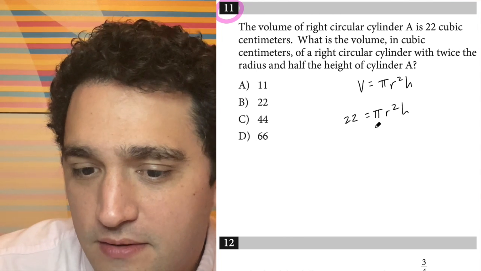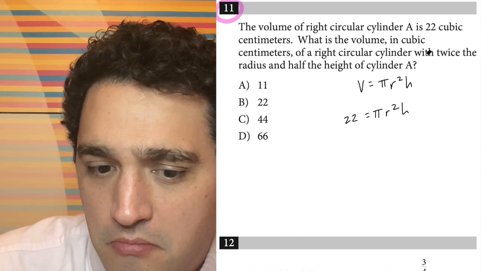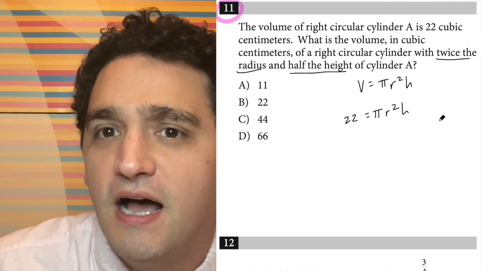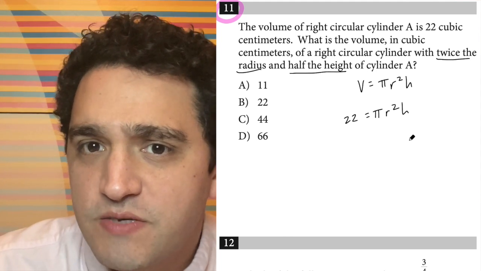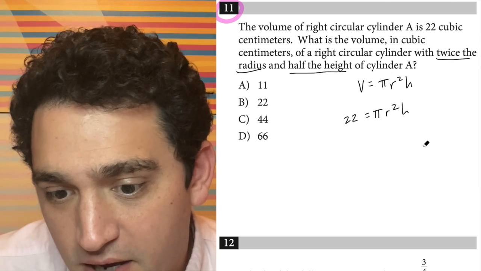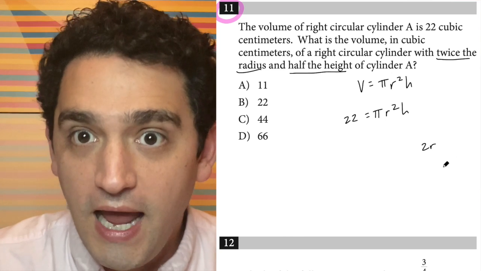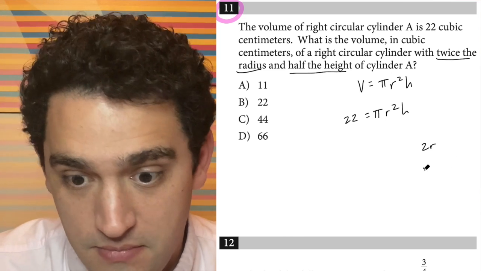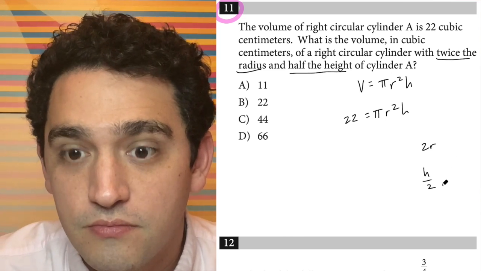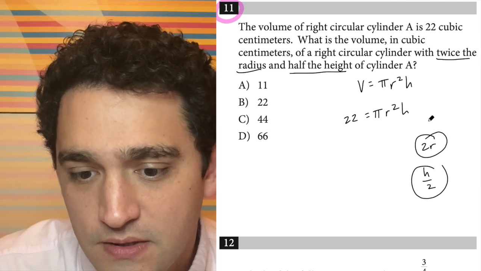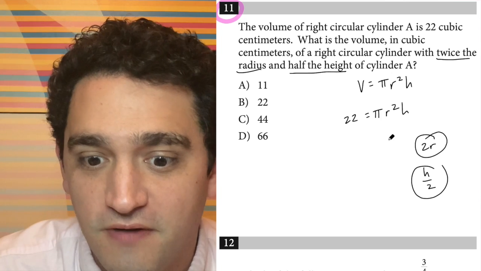What's going to happen if we double the radius and halve the height? The radius, which was once just r, now becomes 2r. The height, which was once h, now is h over 2.